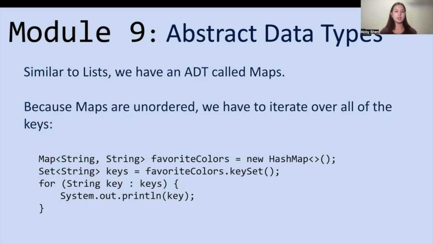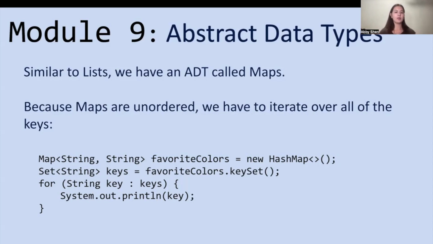You can't have the same key. That's perfect for a set because you can't have duplicate values in a set either. So say Set of String, because strings are the data type of the keys, as we can see in favorite colors. Then you can make a set out of the key set from the map.